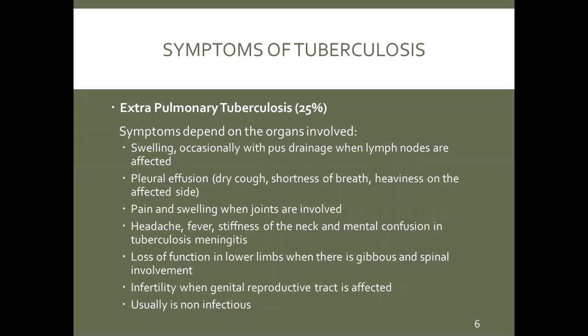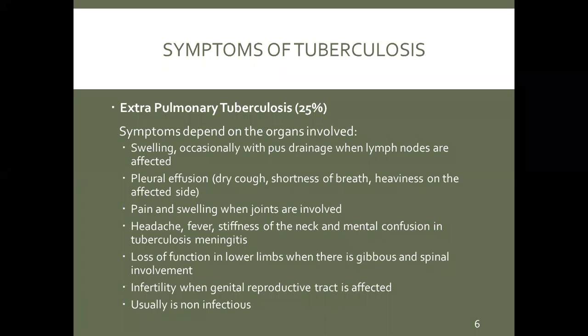25% of patients have extrapulmonary tuberculosis. It is very important to understand that symptoms are specific to the area involved by tuberculosis. If we talk about lymph node TB, the patient usually has swelling of a specific area like cervical, axillary, or inguinal swelling.